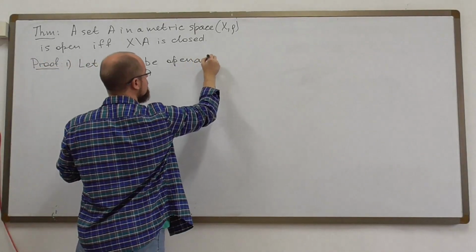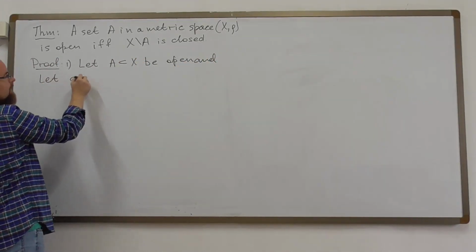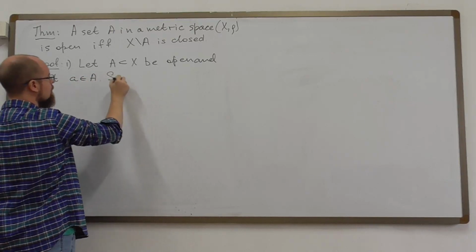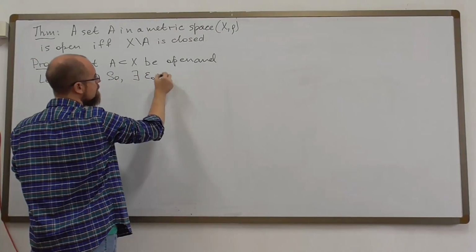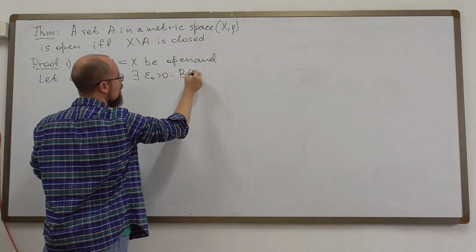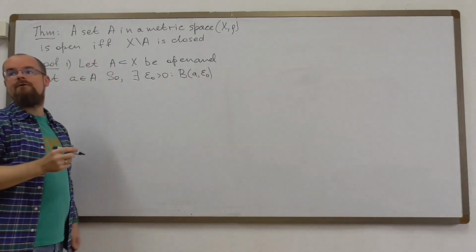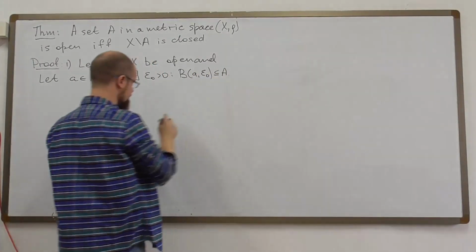And let a be a point from A. So there exists epsilon 0 such that a ball centered at a and of radius epsilon 0 belongs to the set A.